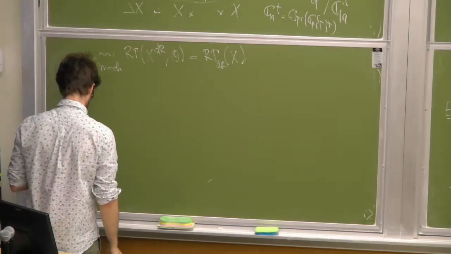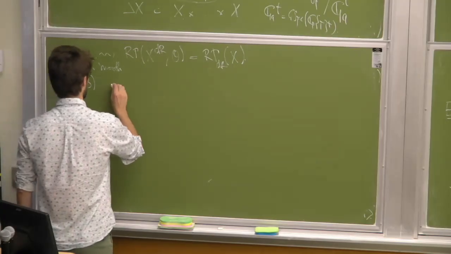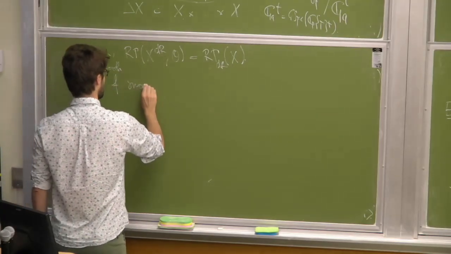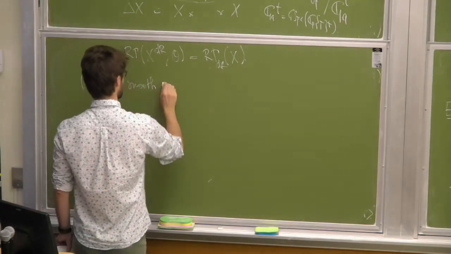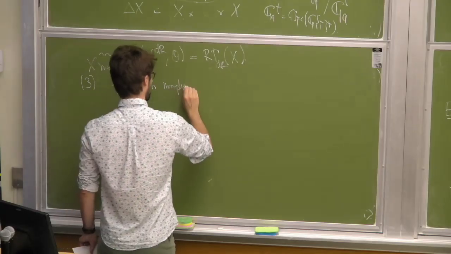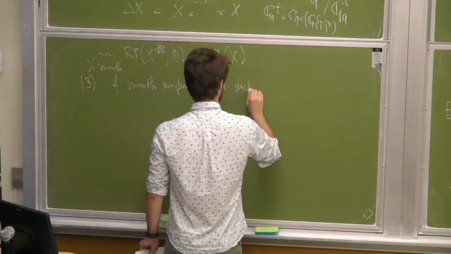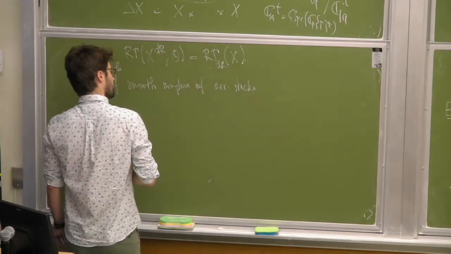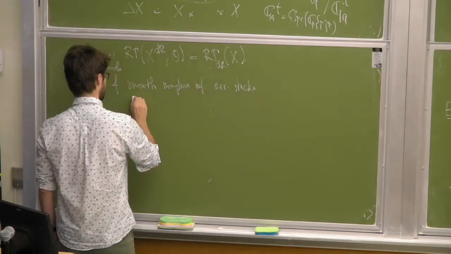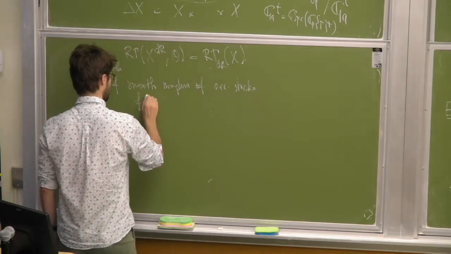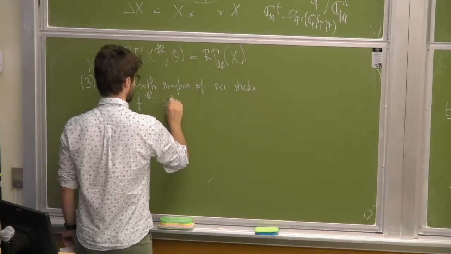And you can also show that if F is a smooth morphism of arc stacks, then the induced morphism of de Rham stacks is cohomologically smooth.